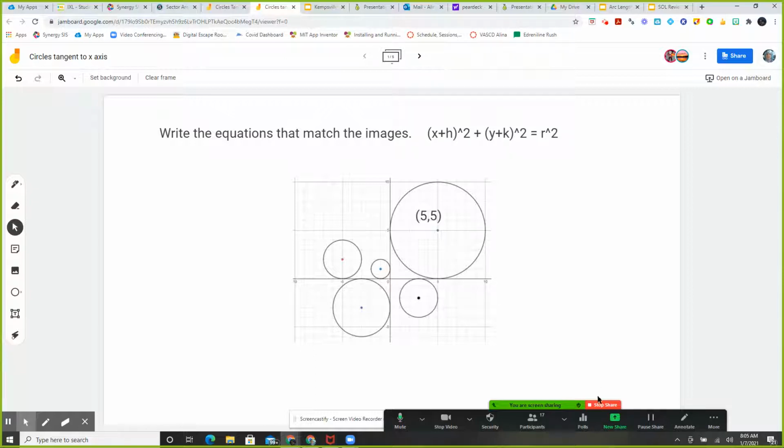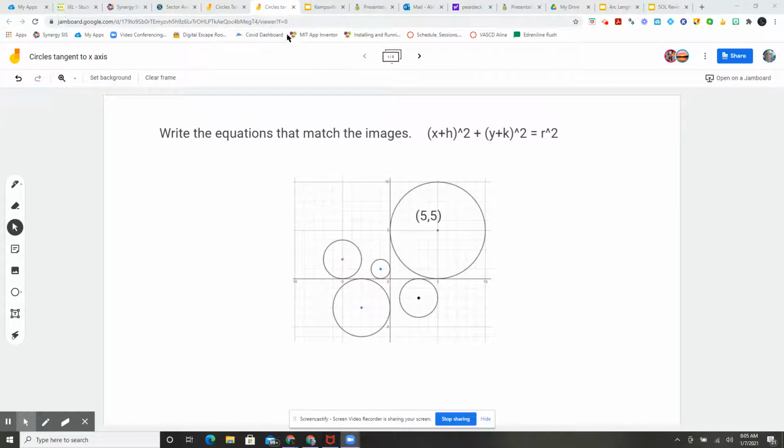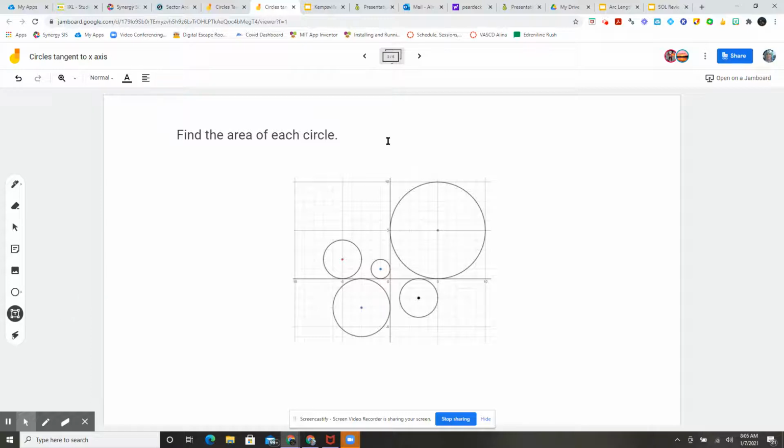I'm going to stop sharing for a minute so you can have full control over your screen. And on your Jamboard, I need you to add in whatever you can add in. You can find the area of each circle. Remember, area is pi times r squared.